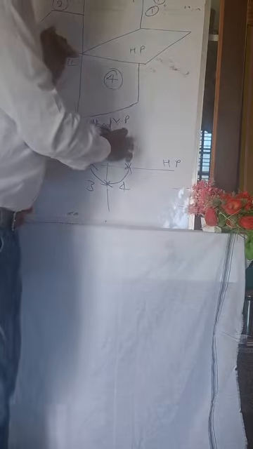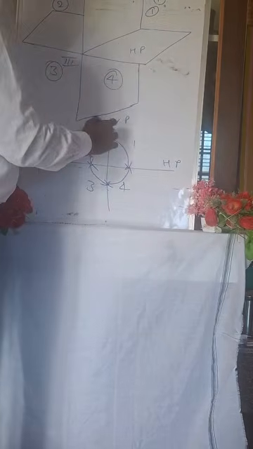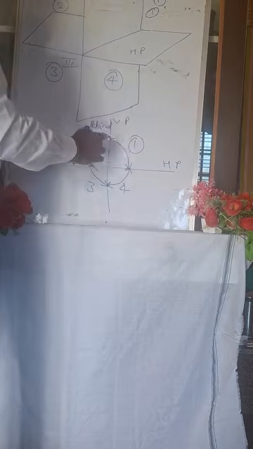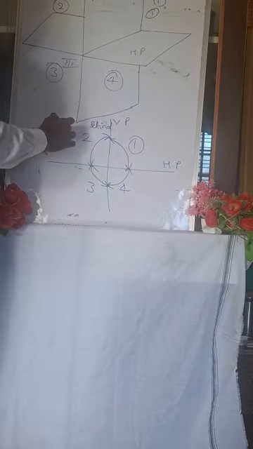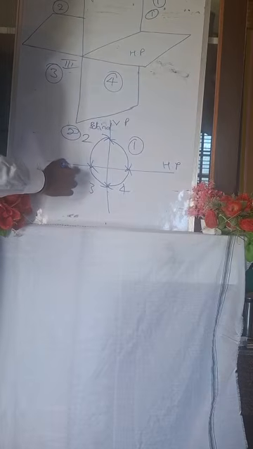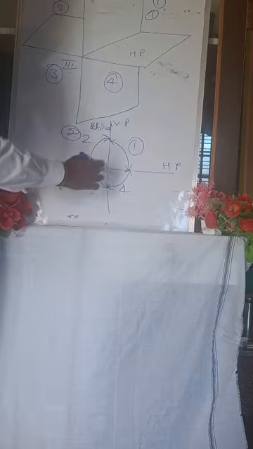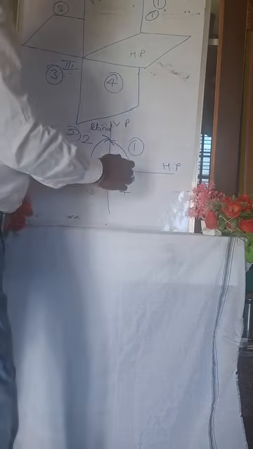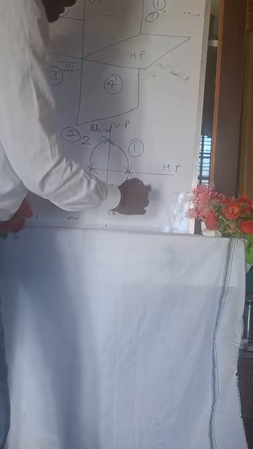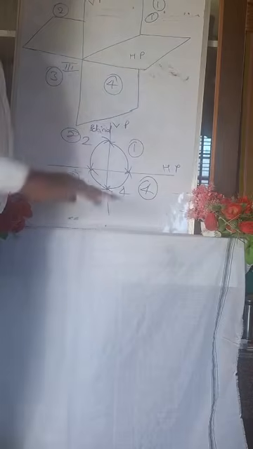Above the HP and in front of VP is the first quadrant; above the HP and behind VP is the second quadrant; below HP and behind VP is the third quadrant; below HP and in front of VP is the fourth quadrant. There are four quadrants in total.